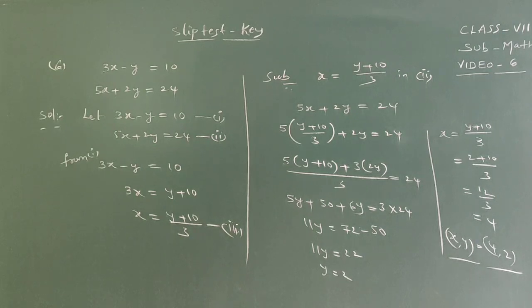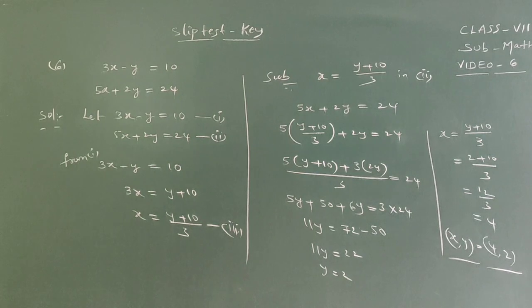3x minus y equal to 10, 5x plus 2y equal to 24. First and second equations. From the first equation x equal to (y plus 10) by 3. This result we need to substitute in the second equation. Then we got the value of y as 2.